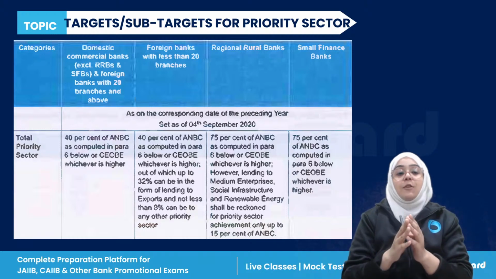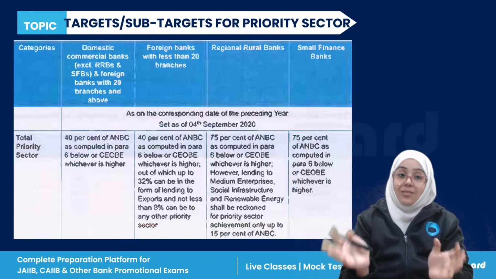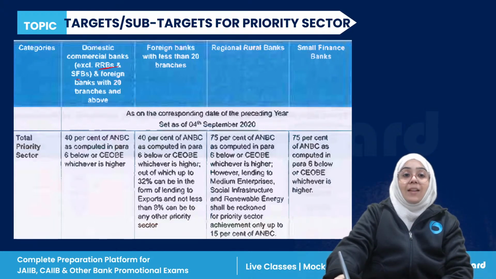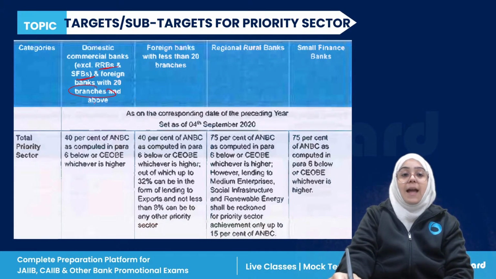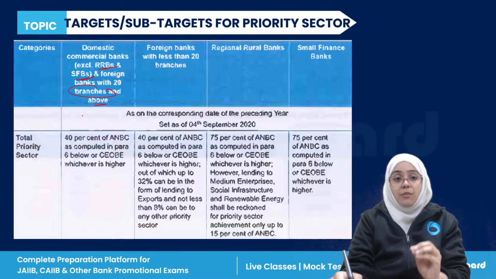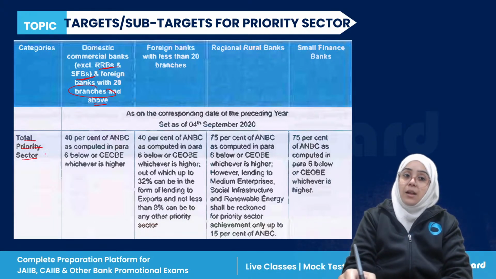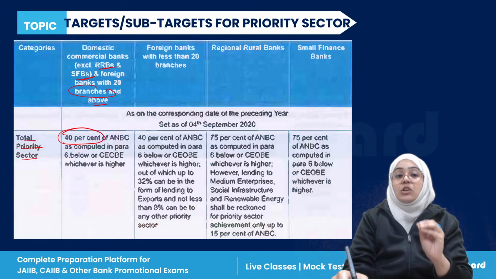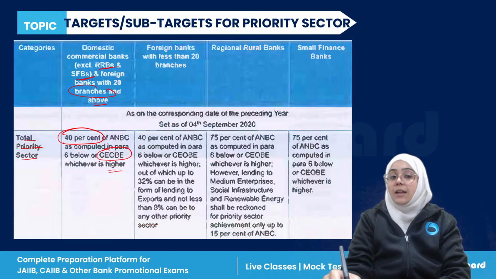If we talk about the total identified priority sector for domestic commercial banks, which exclude RRBs and small finance banks, and foreign banks which have 20 branches and above, the total priority sector target is 40% of ANBC, adjusted net bank credit, or CEOBE, whichever is higher.